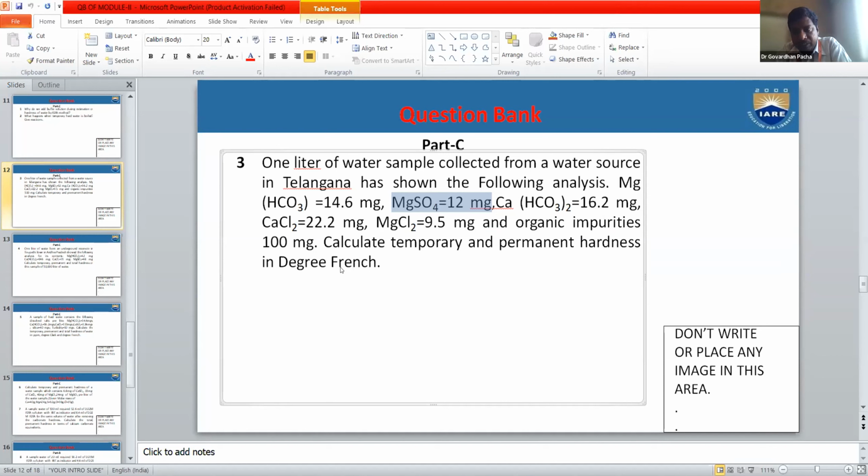So 1 ppm is equal to 1 milligram per liter, is equal to 0.07 Clark degree, is equal to 0.1 French degree. So finally we got the hardness of the water in ppm, and that is converted into French degree. The multiplication factor is 0.1.